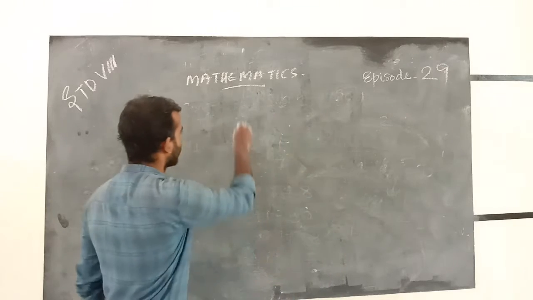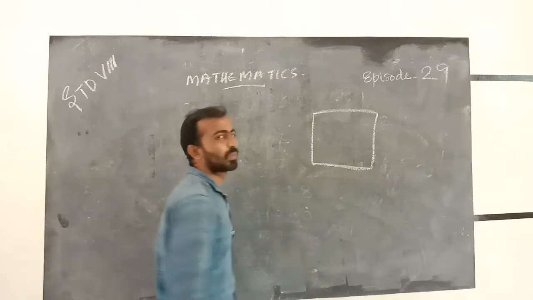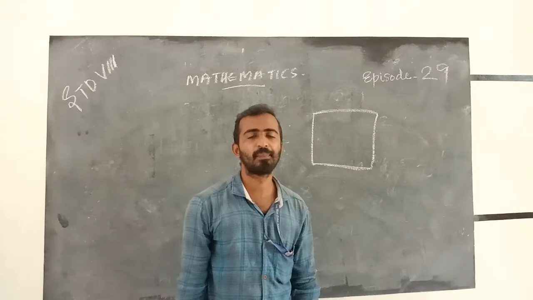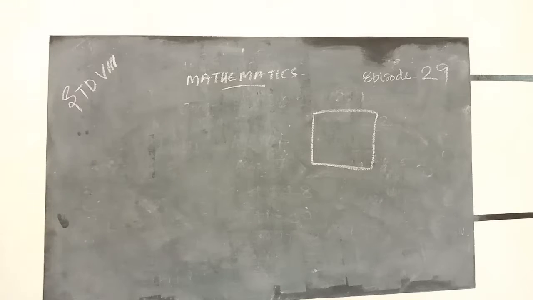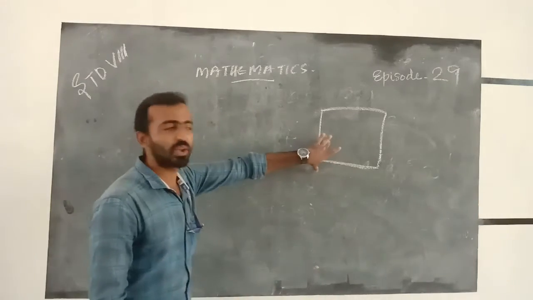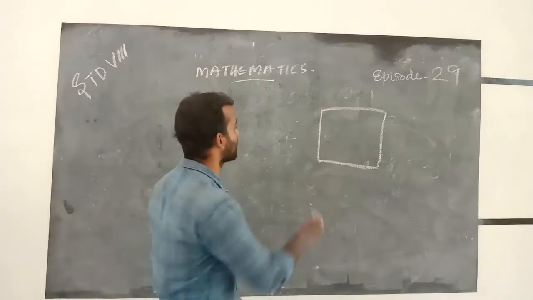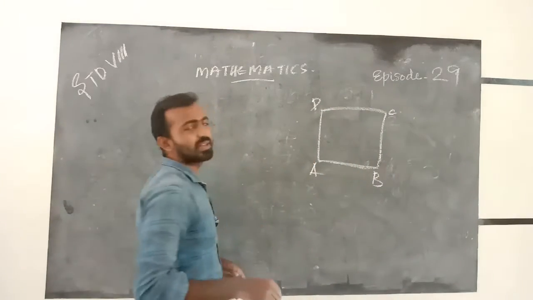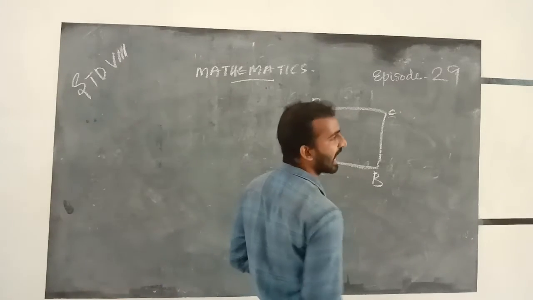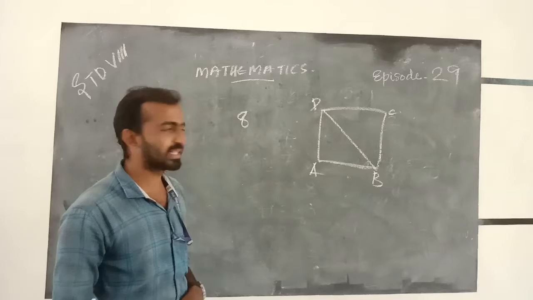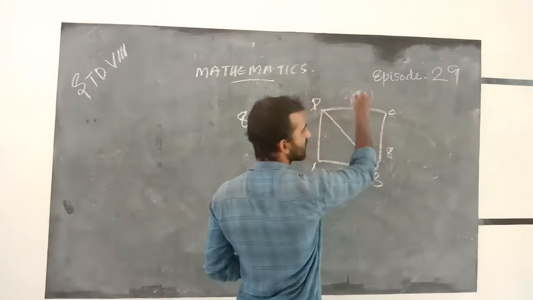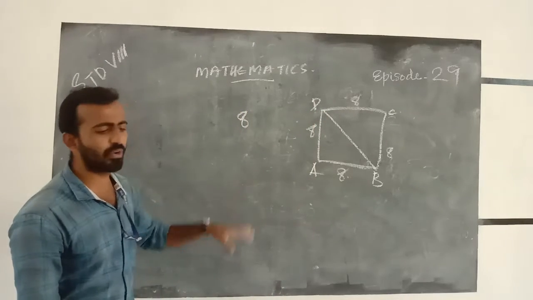Each side is 8 centimeters. That is the property of a square.